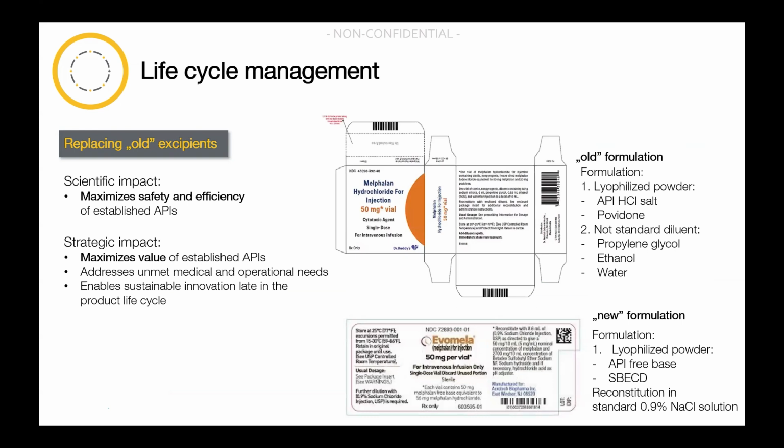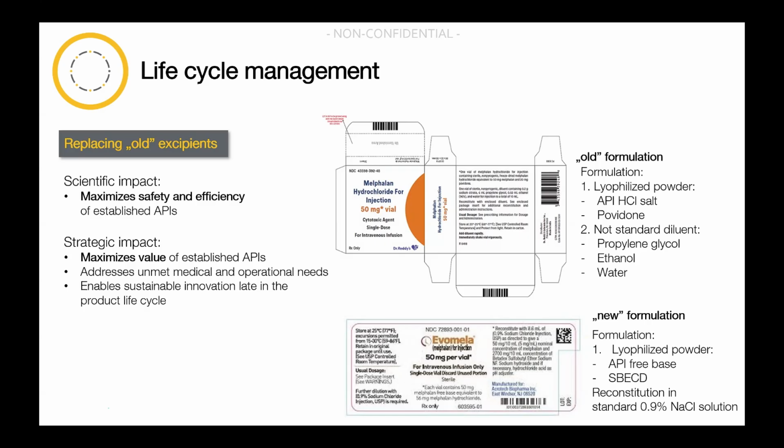And one of my favorite examples is the life cycle management of different products. It is a very nice example because it has a scientific impact and a strategic impact as well.